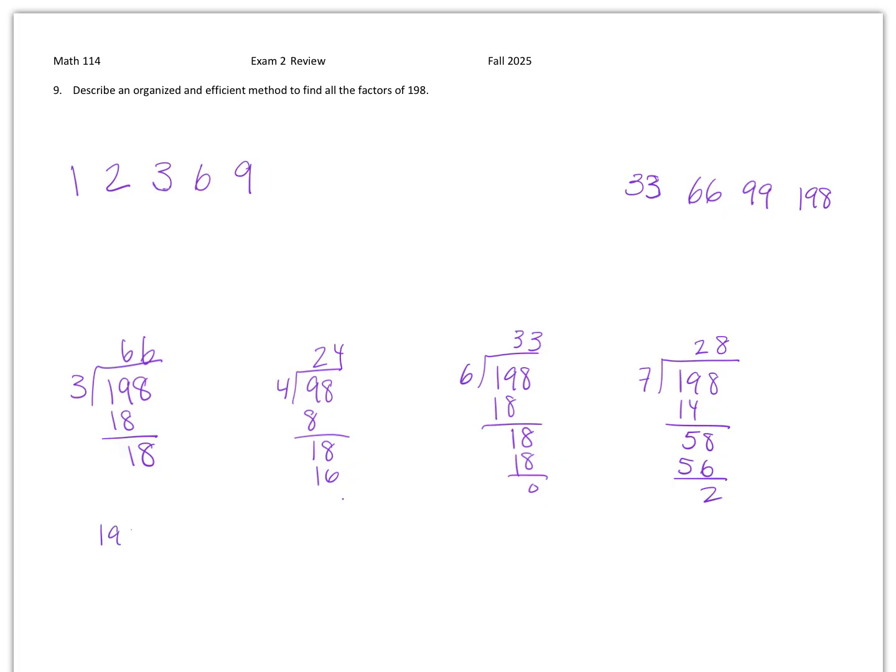So 198 divided by 9, 22 is our other factor. 10 is not going to be a factor because the number 198 doesn't end in 0. 11, let's check 11. So 11 goes into 19 once. I subtract and I get 8, bring down the 8. Oh, 11 is a factor. 11 times 18 is 198.